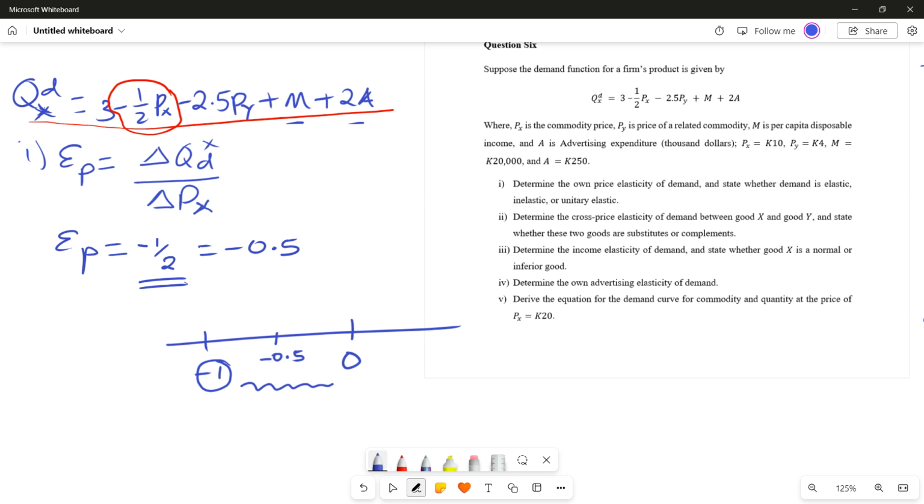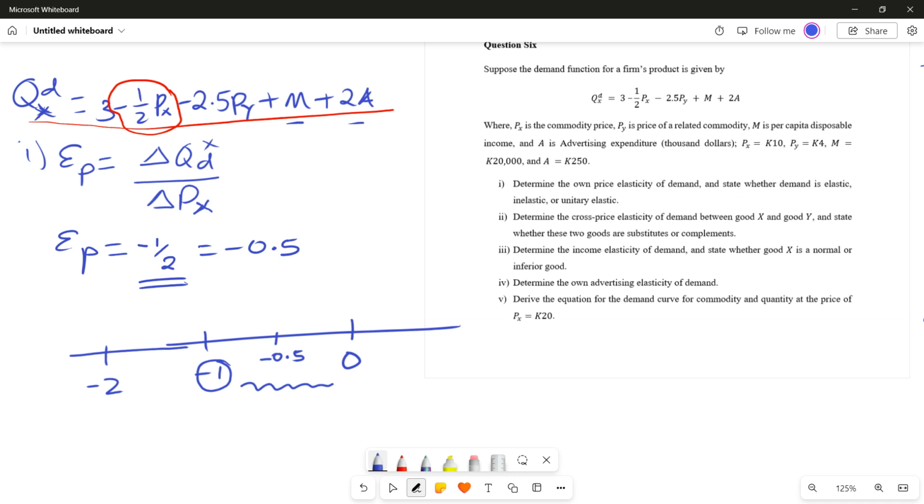And if the answer is exactly -1, then the conclusion will be that demand is unitary elastic. And let's say that the answer is more negative than -1, let's say it's -1 point something, then the conclusion will be that demand is actually elastic. Okay, so that is the key.